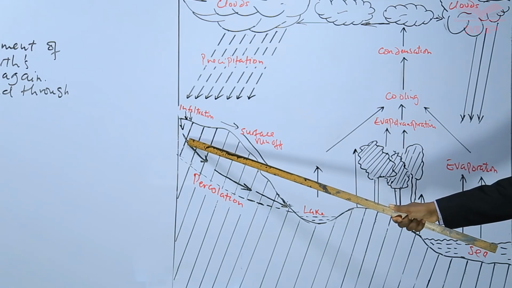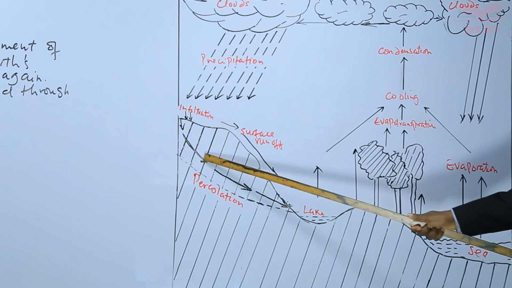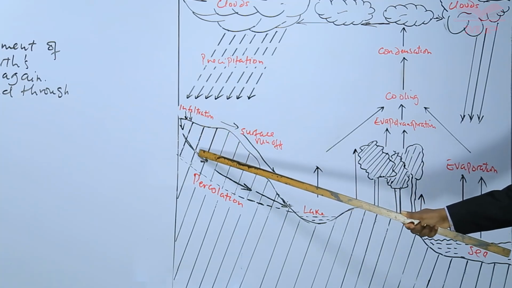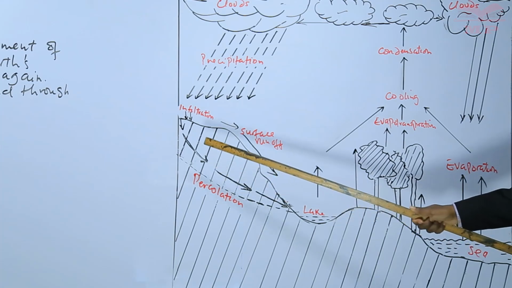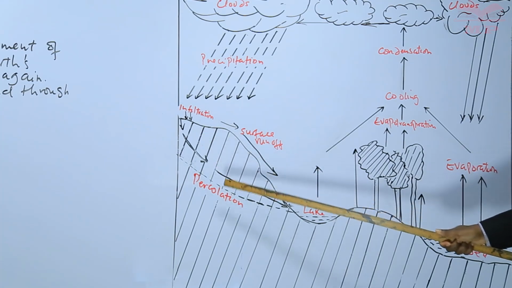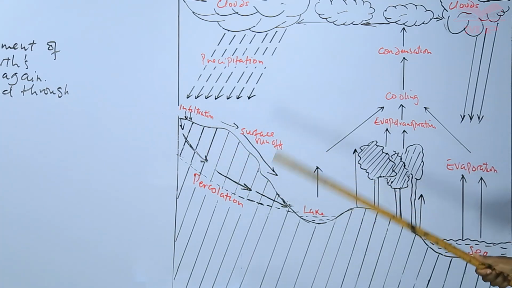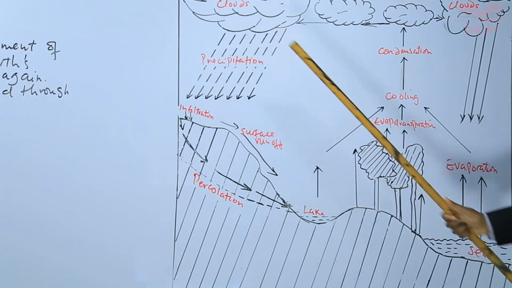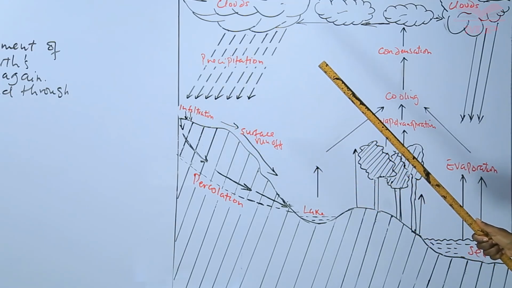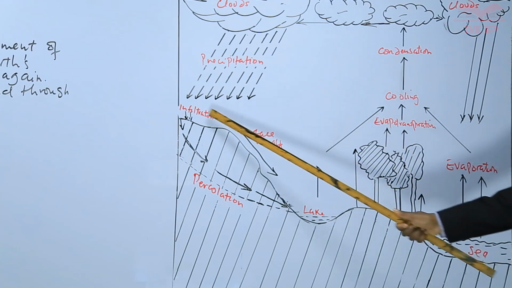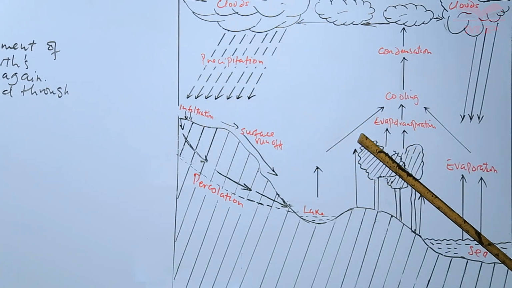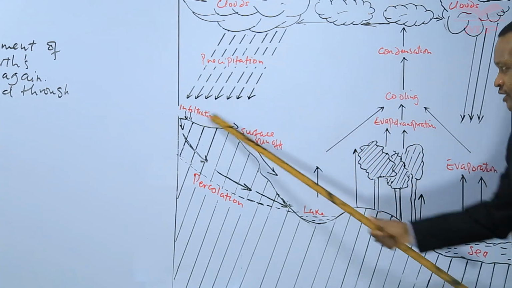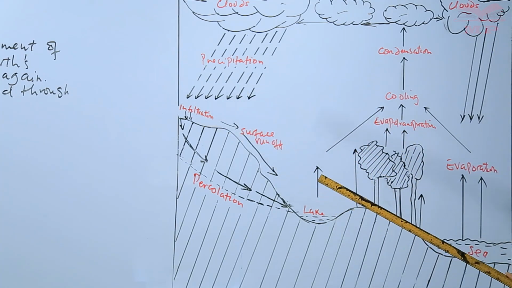Learners, now this entry of water into the ground is what is referred to as infiltration. Okay, this one here, infiltration. It seeps into the ground. Then there is the other water that runs on the surface.